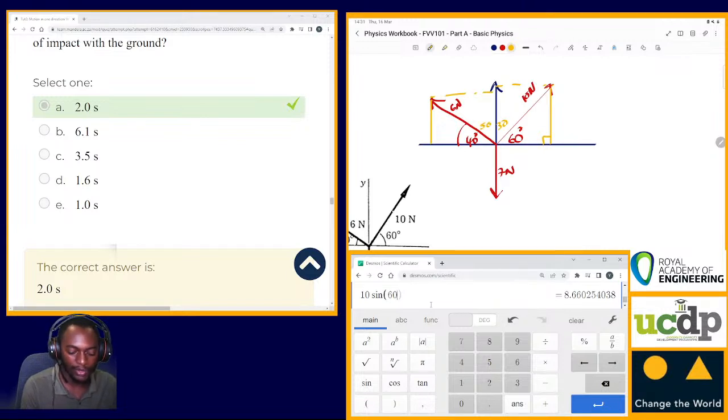This triangle will still give you the same answer as long as you resolve appropriately, as long as you identify the correct angle to use. But for now, we are going to work with these angles.